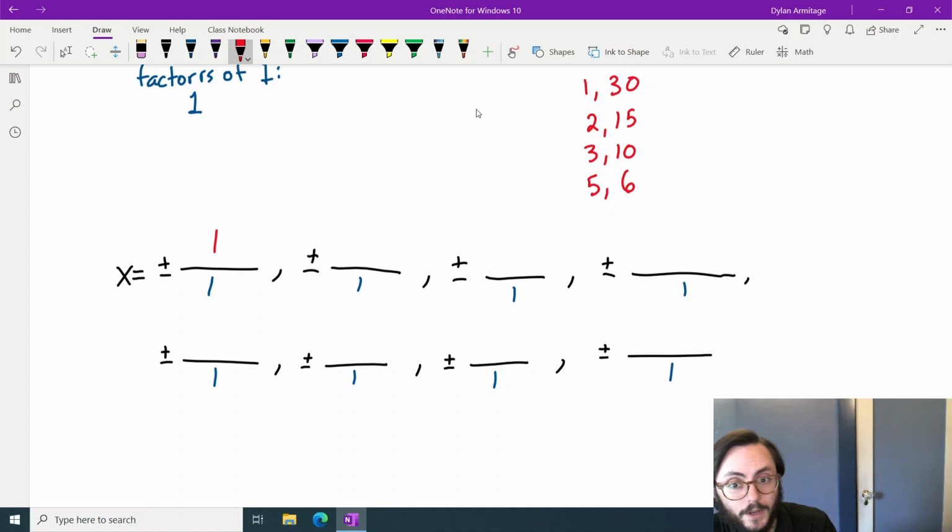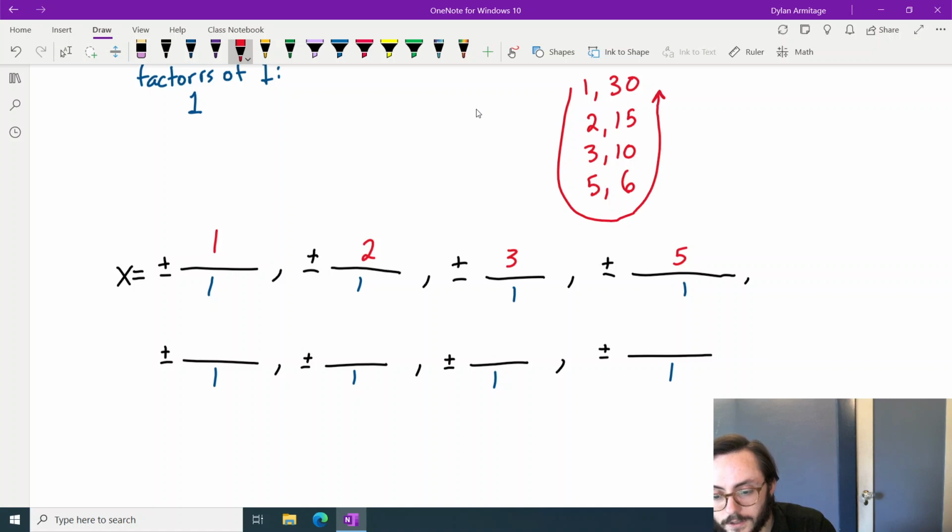And our numerators are the factors of 30. So we already did 1. We have 2, 3, 5, 6, 10, 15, and 30.